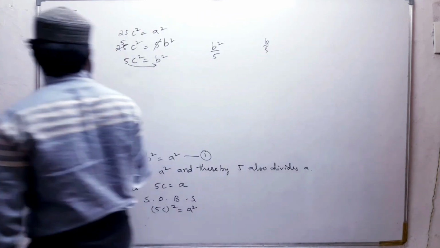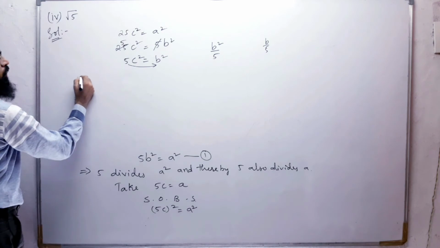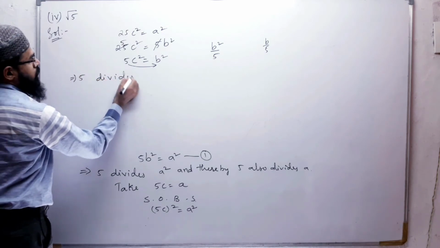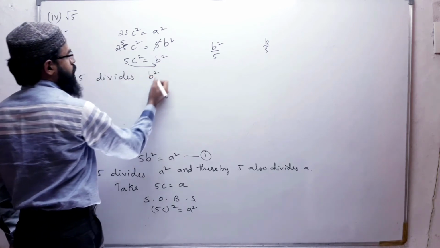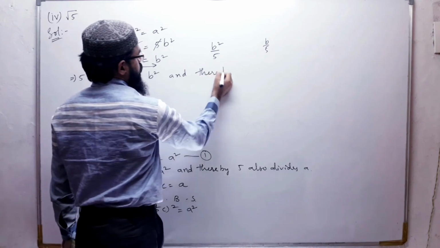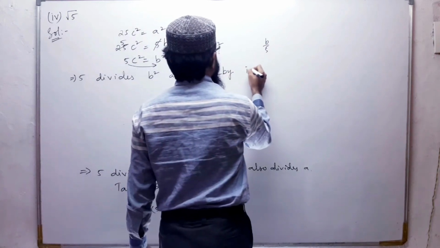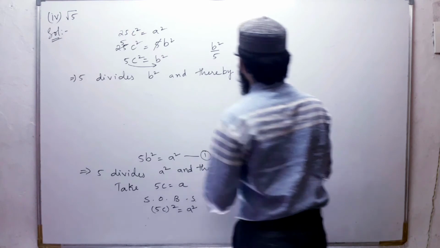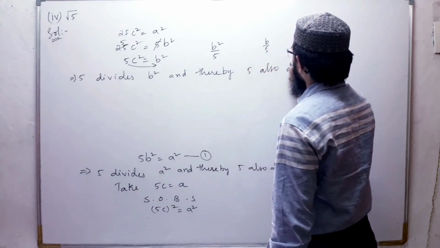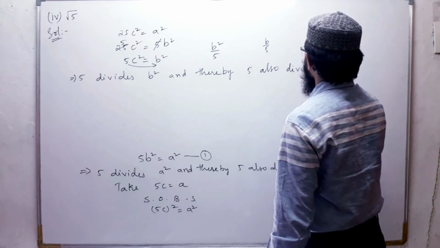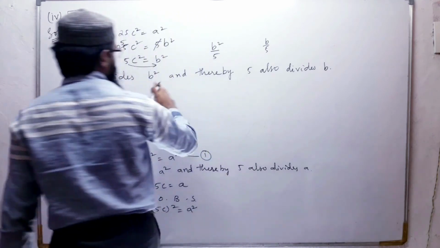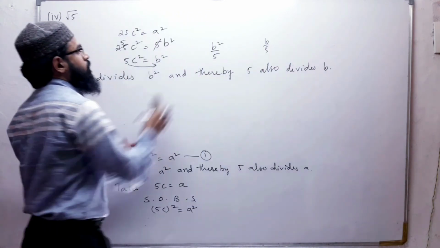So 5 divides b square, and thereby 5 also divides b. If it is dividing b square, it is also dividing b.